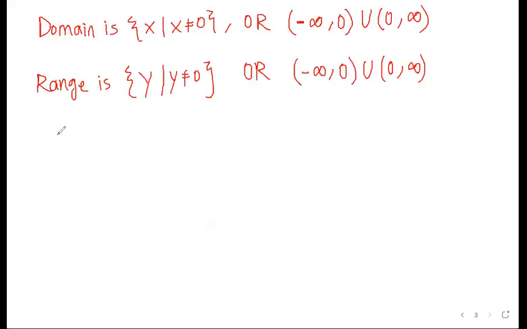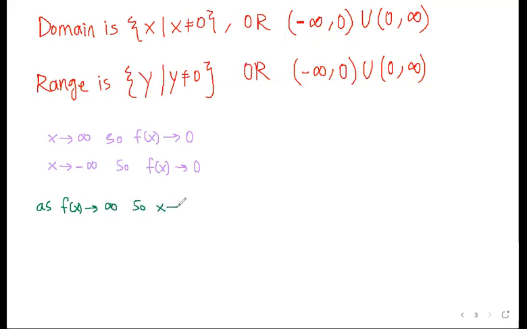So here I can say, when x goes to infinity, f of x goes to 0. As x goes to minus infinity, f of x goes to 0 again. This is the first thing. The second thing we have to know, as f of x goes to infinity, x goes to 0 from the positive side.